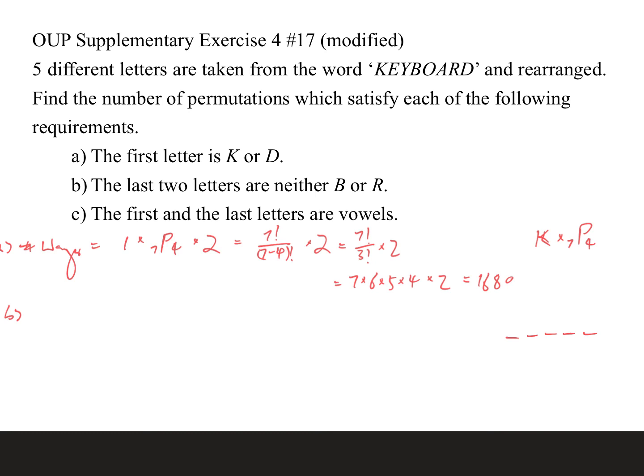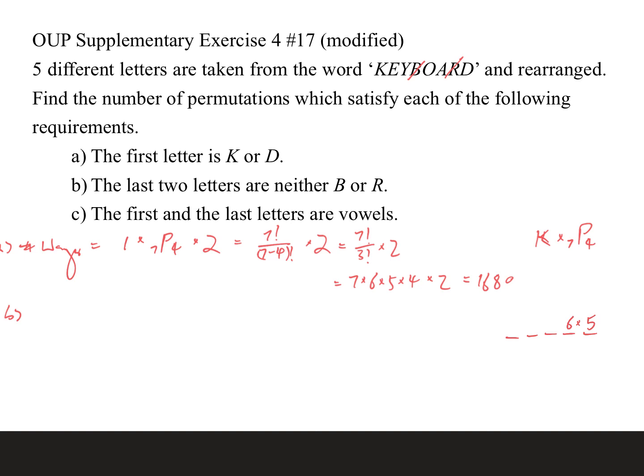The last two letters must not be B or R. So if we ignore B, ignore R, we have 6 choices here. And then, since we have the last two letters not B or R, it is 6 times 5 choices.